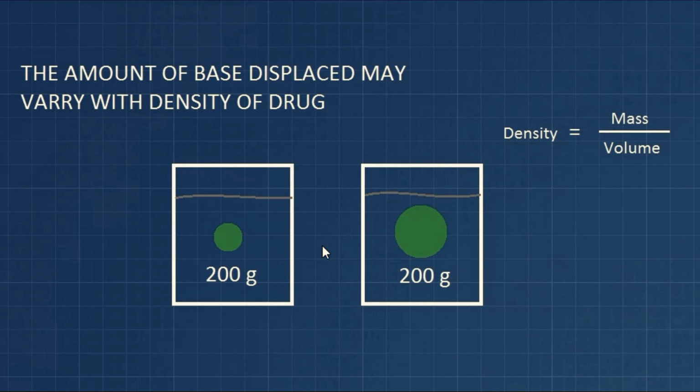So the drug with larger volume will displace much more of the base than the drug with a lesser volume. So this drug will displace much less base than this drug. Maybe both have the same weight, but the displacement of the base depends upon the volume of the drug. So the amount of base displaced may vary with the density of the drug. The conclusion is that the drug with lesser density will displace much more base than the drug of higher density.